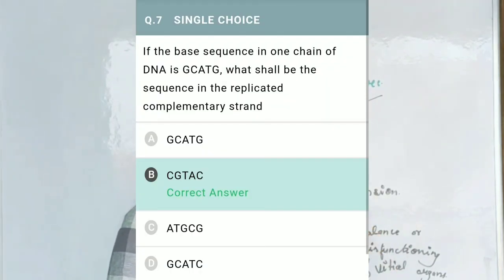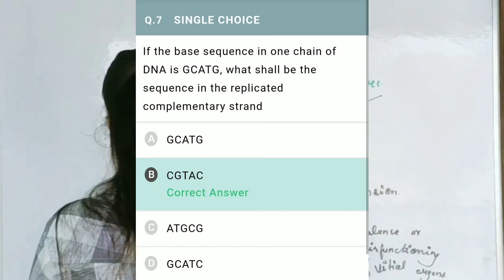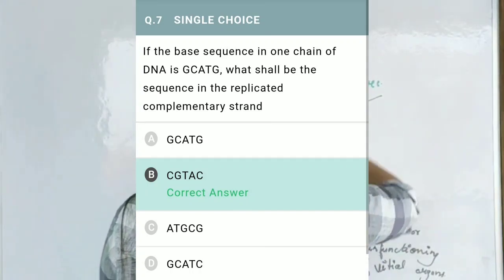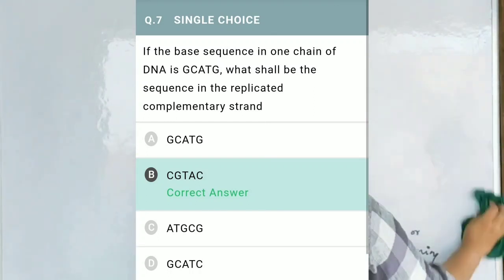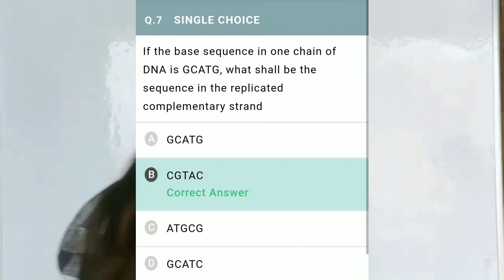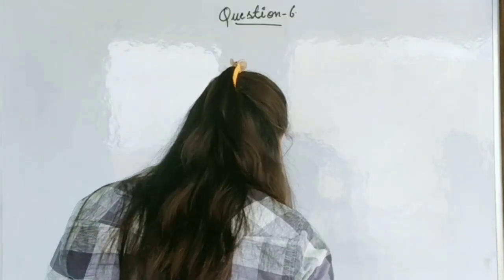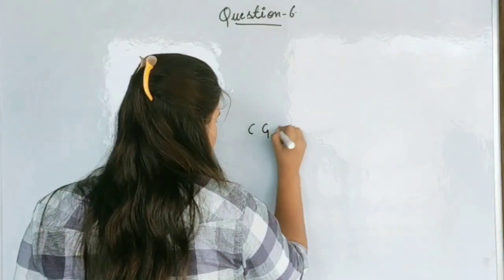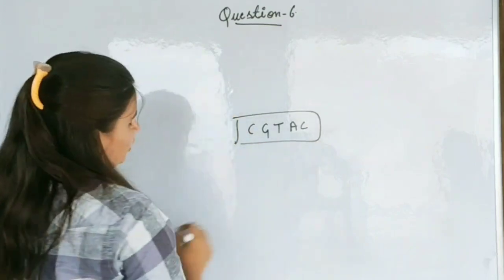If the base sequence in one chain of DNA is GCTAG, what shall be the sequence in the replicated complementary strand? So the correct option is option B, that is CGATC. Why is this option correct?